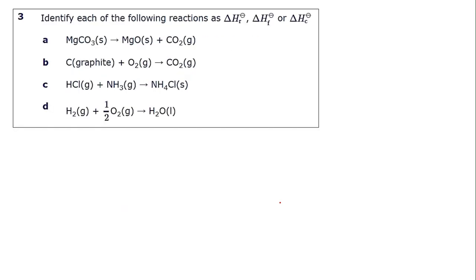Question number 3: identify each of the following reactions as delta HR, delta HF, and delta HC. Here delta HR is the delta H of reaction, and the symbol you can see at the top, a circle with a small line inside, means this reaction is taken under standard conditions.